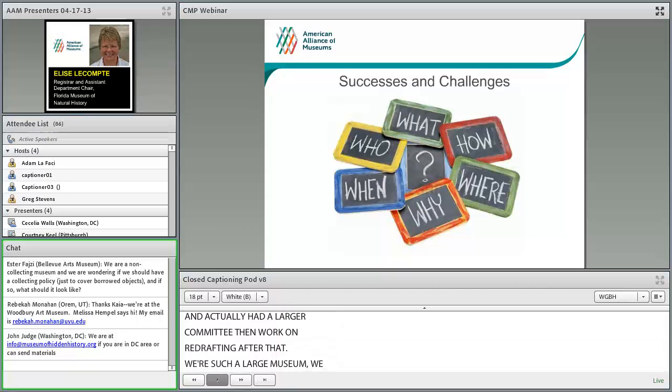And so we basically first had to start with representatives from every one of the disciplines. So anthropology, birds, mammals, fossils, and develop it that way, and then bring in people from education and exhibits, the security people, because you're right, it would have been too onerous to try to start with all those people. You have meetings for months and months and months and never get anything accomplished.